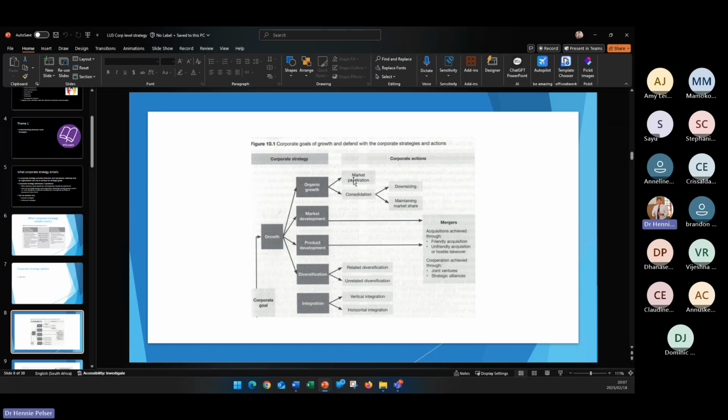This one here is where there is an unsaturated market and you try and reach those customers that have not adopted a particular brand to support. Market development is where you take your existing product and you move it into new markets. Silly examples, and we'll chat about these again, but we know that Southern Sun Hotel, South Africa, has gone into the Middle East.